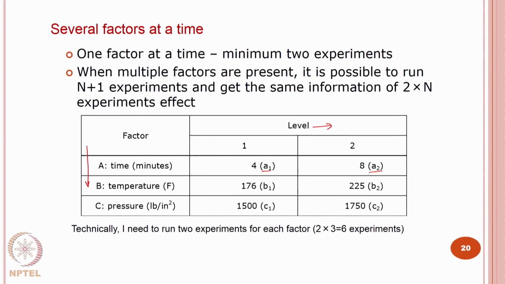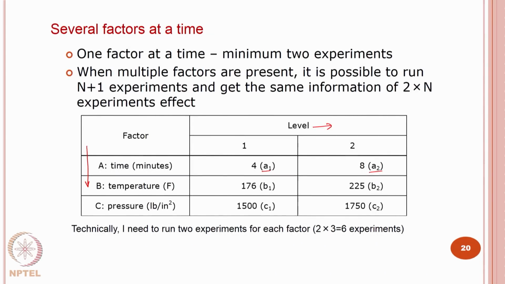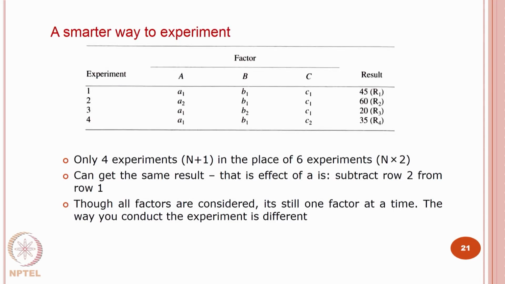So, 2, then 4 for time it will be another 2. So, it is 6 experiments you will have to do. So, the deal is, we said that there might be a smarter way to do it, right. You do not need to do 2 times n, you do not need to do 6 experiments, you might still be able to do it with about 4 experiments.